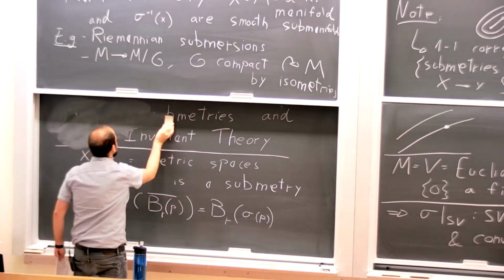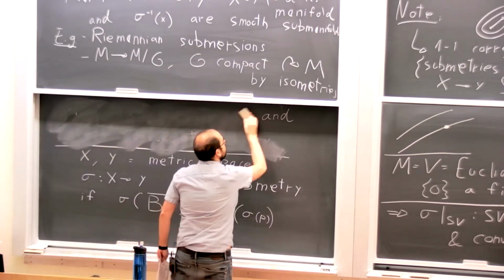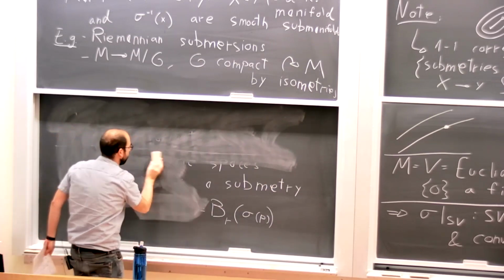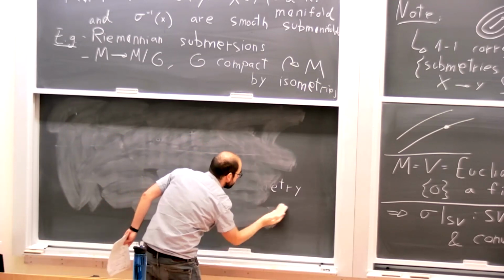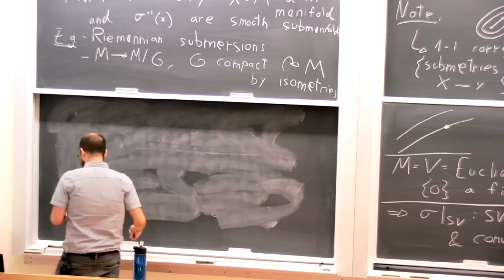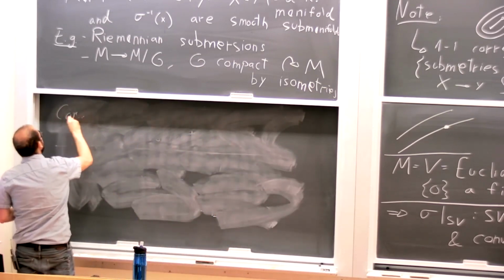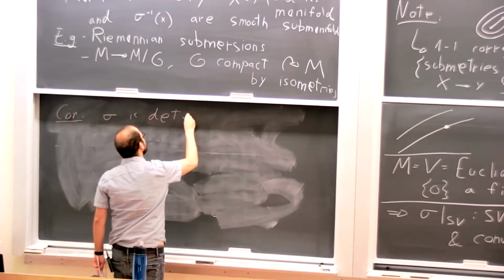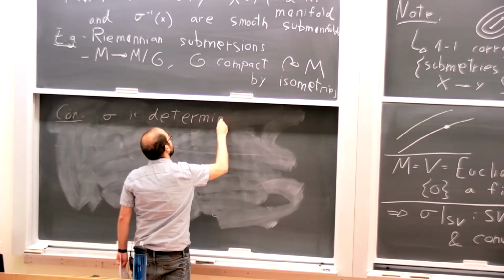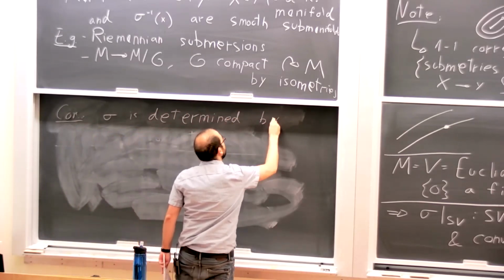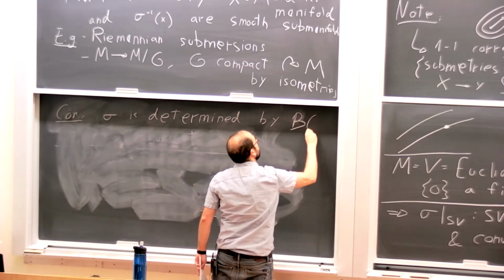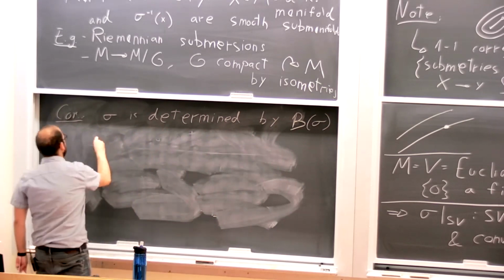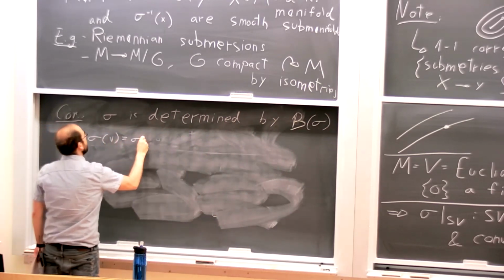As a corollary, we get that the map sigma is determined by this algebra of basic polynomials, in the sense that its fibers are determined.